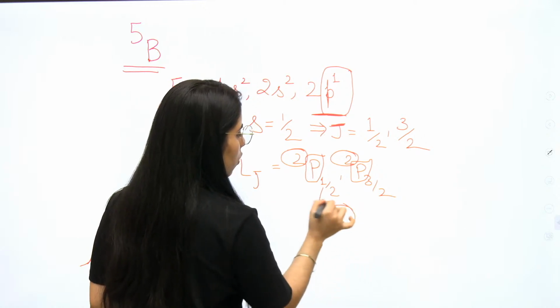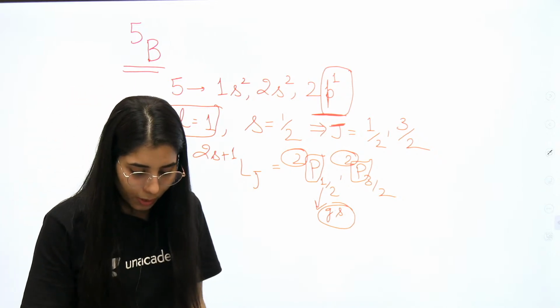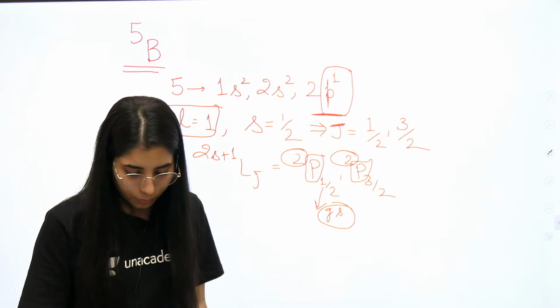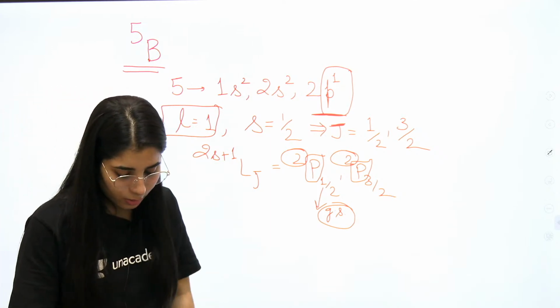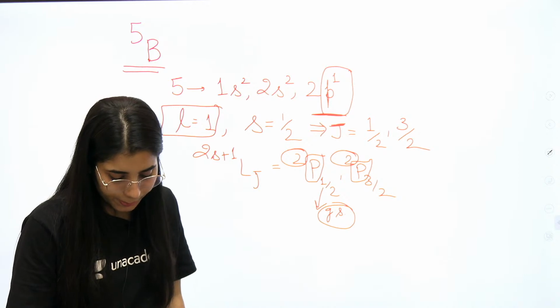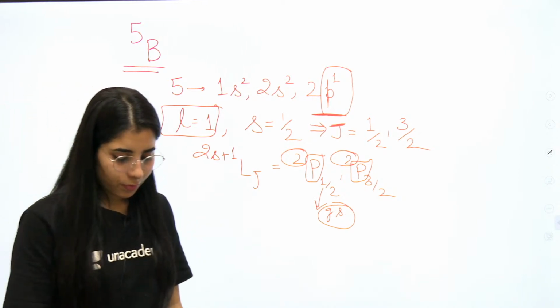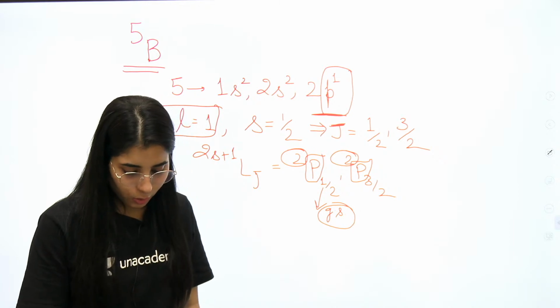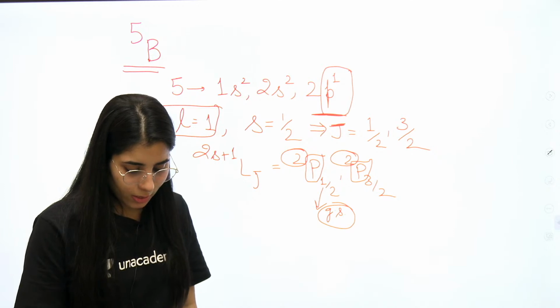So 2P 1 by 2 is the ground state spectroscopic term. Is that clear to everyone? Everybody is able to find it now? Done? That's good. Very good. Everybody's answer is correct.